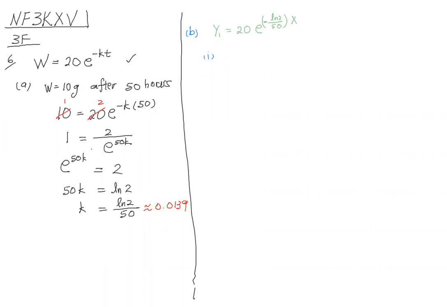So I have to write like that. W at 0 is 20 e to the power of negative 0.0139 times 0. So the answer is 20. And Christopher, what is the unit of measurement? Gram. So you have to write it down.